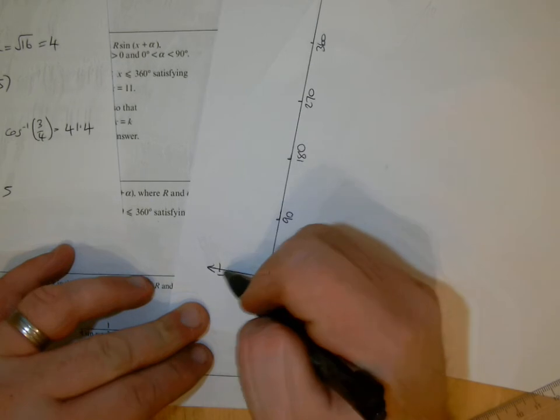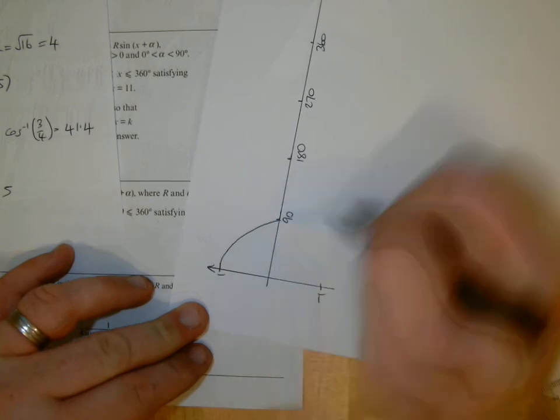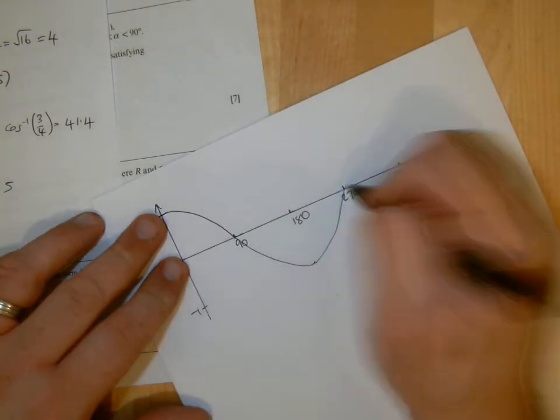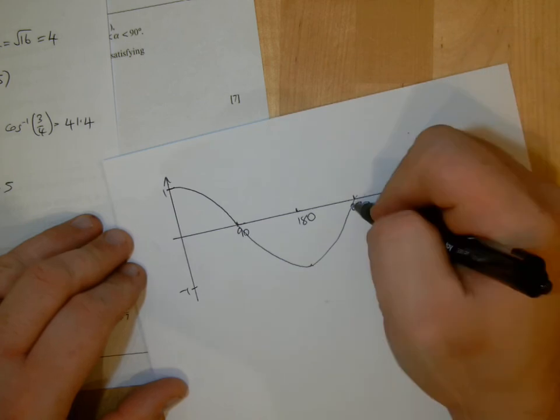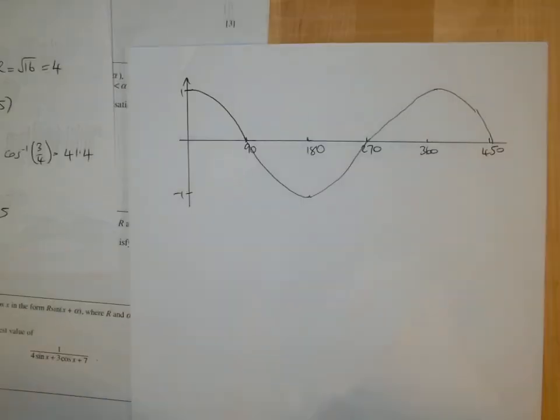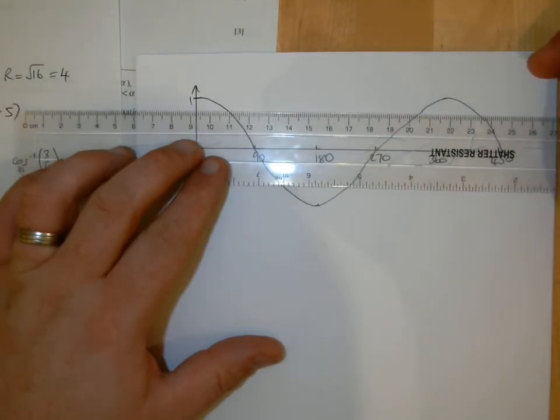So drawing the cos graph then, and we've got the solutions for 3/4, which is about there.